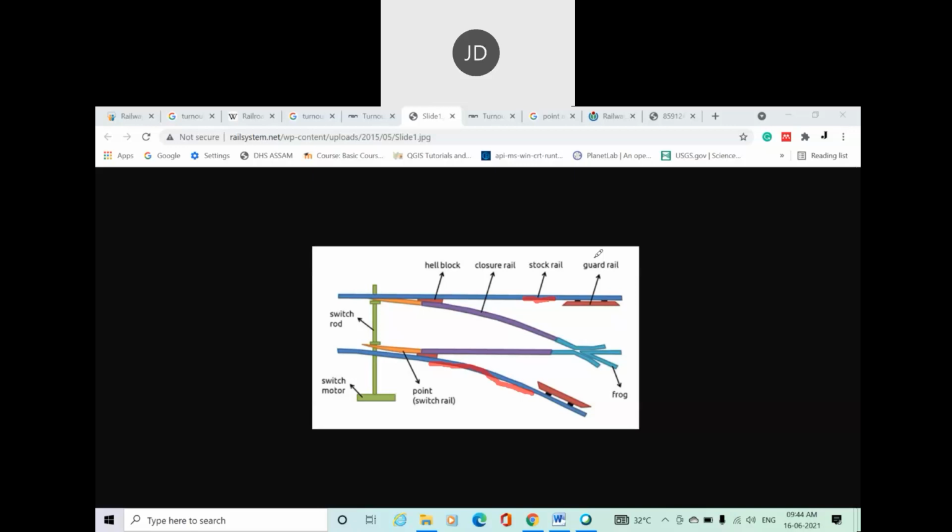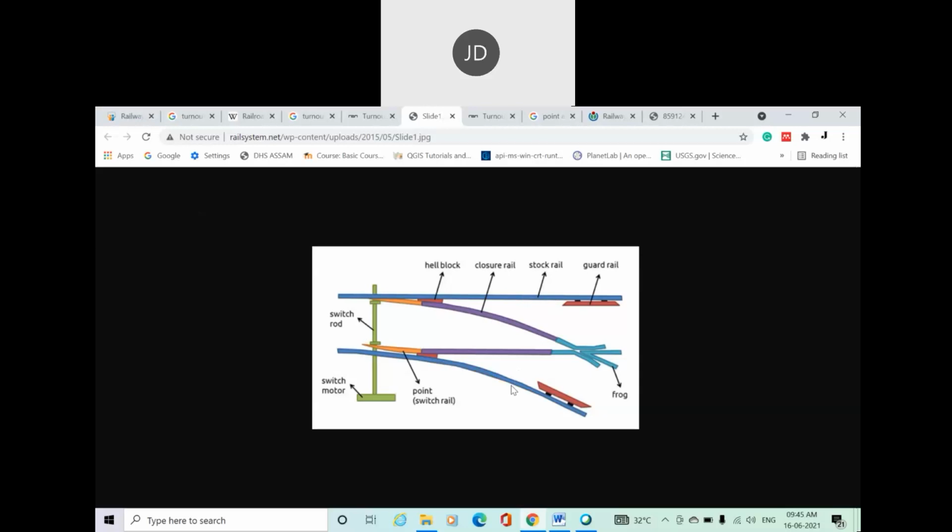Basically, you don't go for that detailed definition. For now, just understand this is the fixed rail, the stock rails, even this blue color. These are the fixed rails basically.